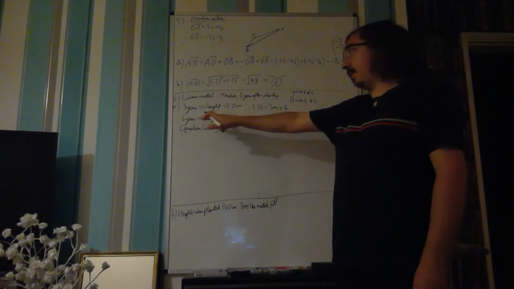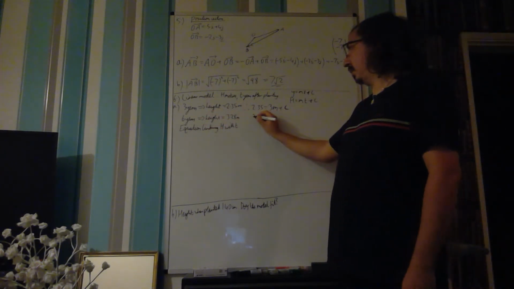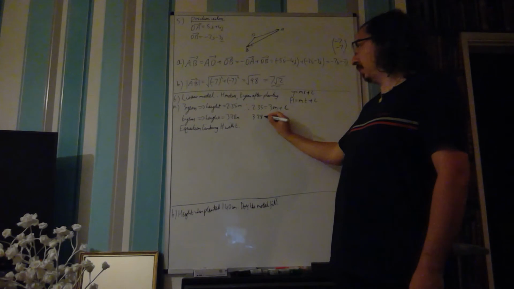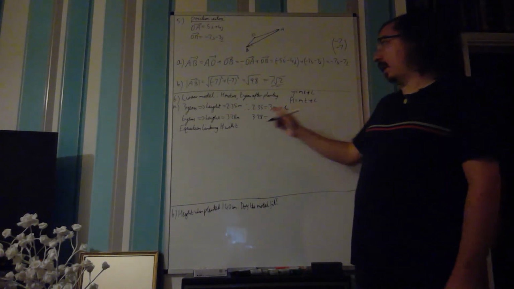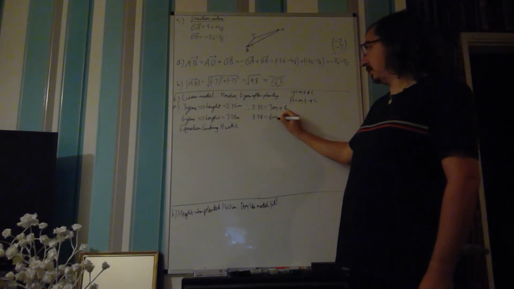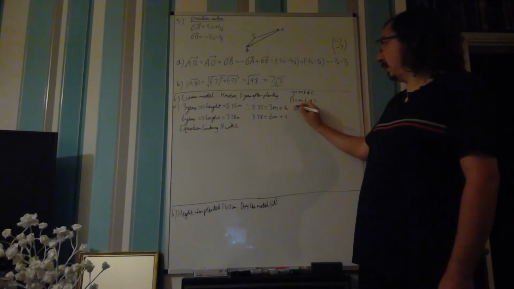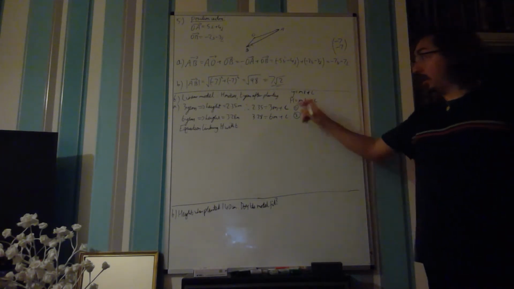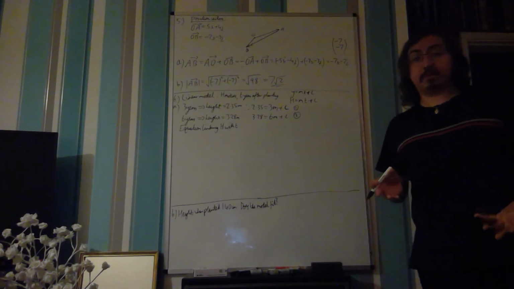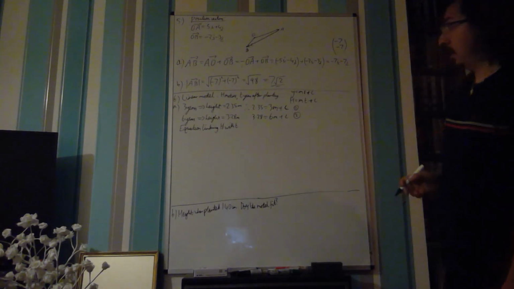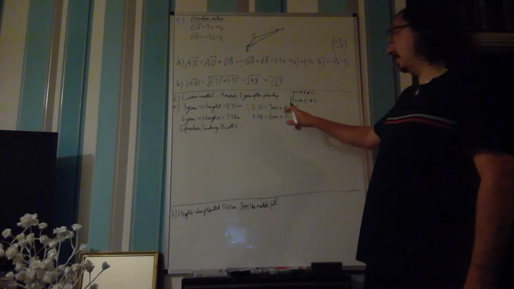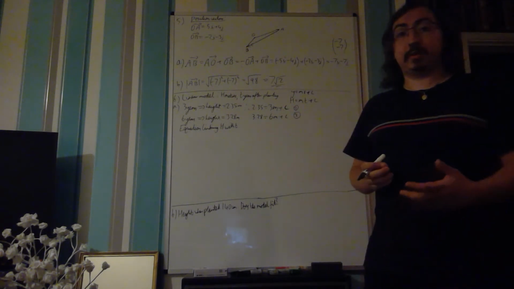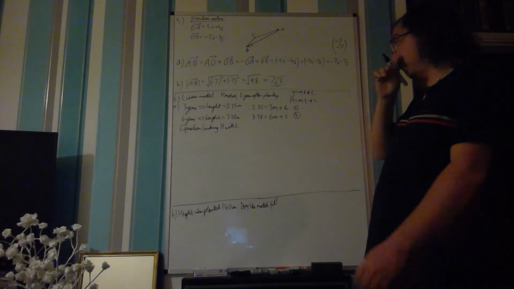And then the second line, exactly the same again, our height, 3.28, is equal to our time, which is 6, so 6m plus c. Let's call that equation 1 and equation 2. And all you've got there is just a pair of simultaneous equations. Now, the easiest way to do this, because they both have a single c, is to just subtract the two equations.